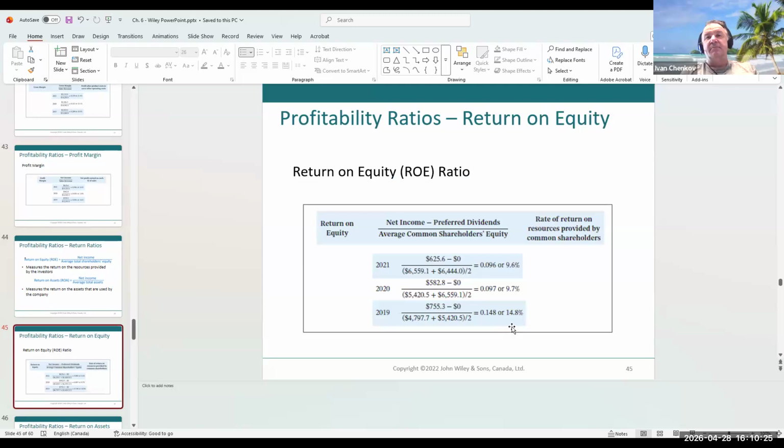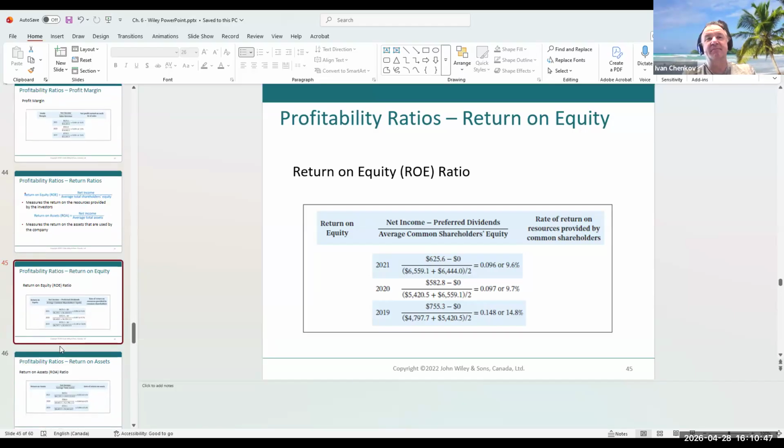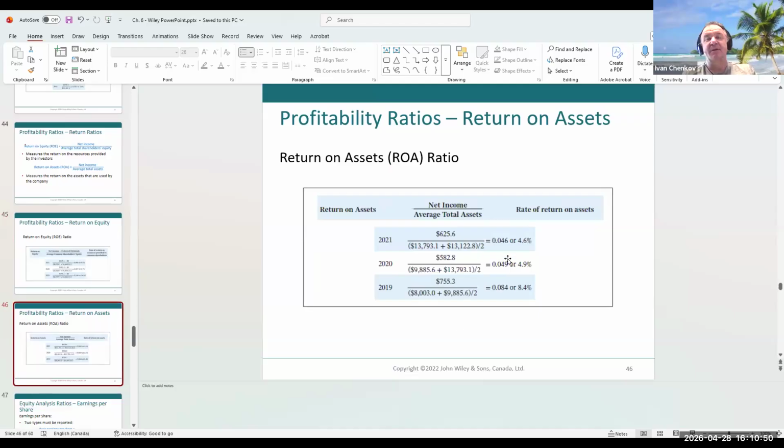So let's see for this company. The return on equity first was almost 15% and dropped down to below 10%. So what's happened here? The investors are losing the ability to earn based on the investment that they're making in the equity.